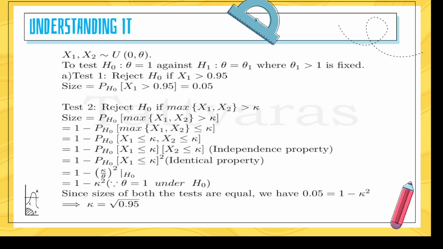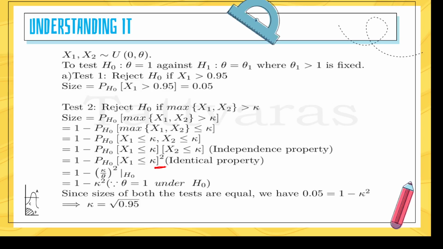So we can write it as X1 less than or equal to κ, intersection X2 less than or equal to κ. Now we can write it as a product because X1 and X2 are independent, and since they are identical, the probabilities are the same, so we can write it as a square.